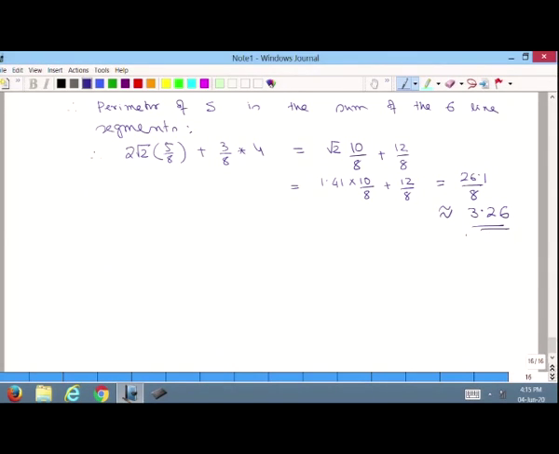Therefore, this is the perimeter length.